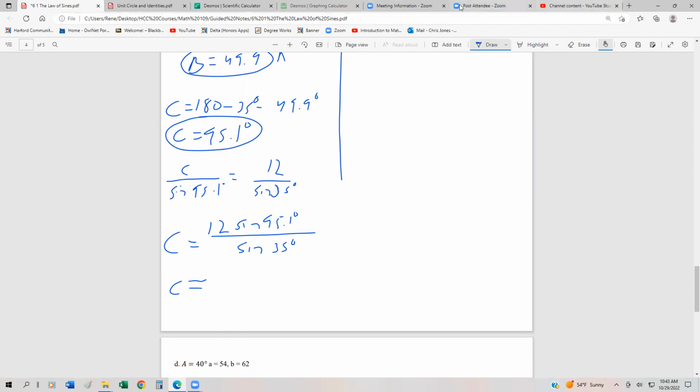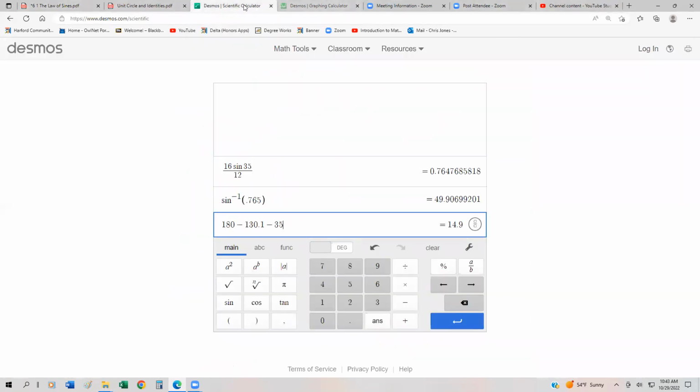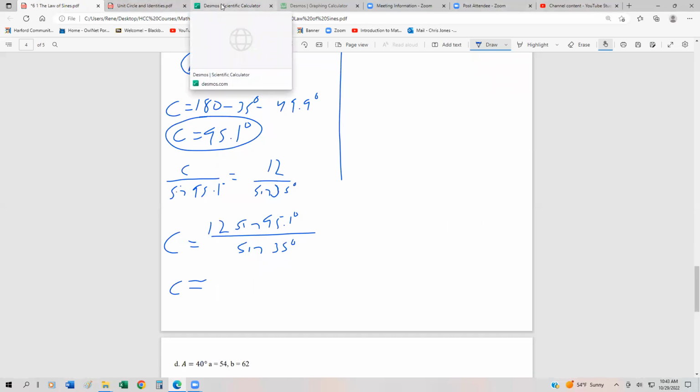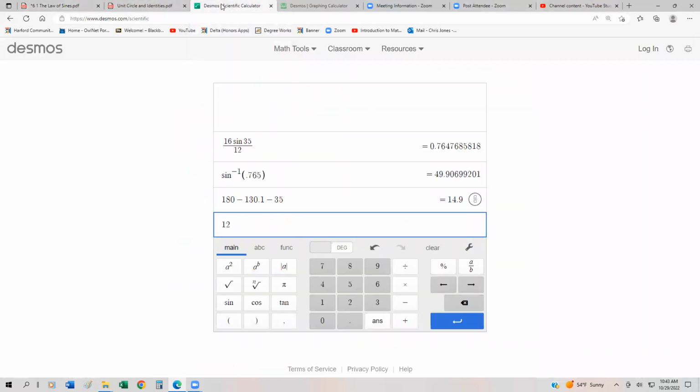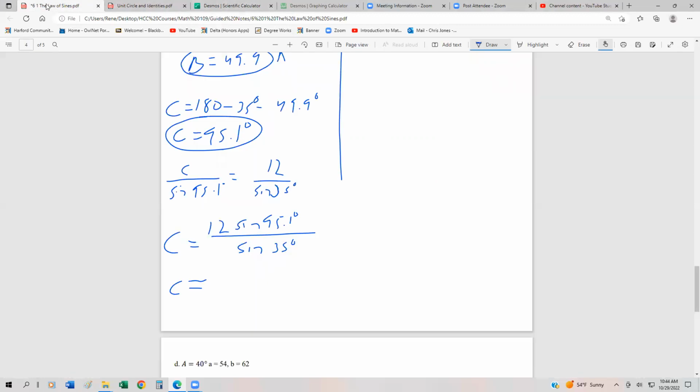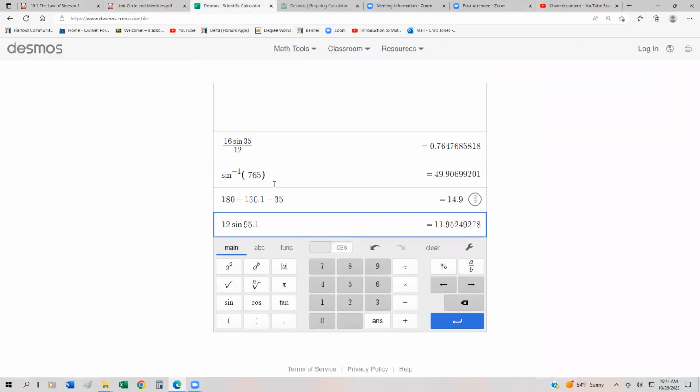And in our calculators, once again, it's 12 sine of 95.1, and then divide by sine of 35 degrees.